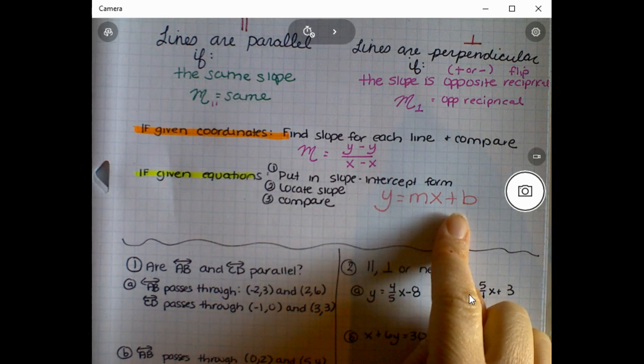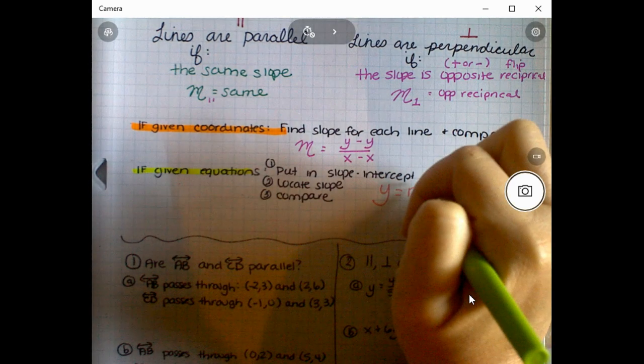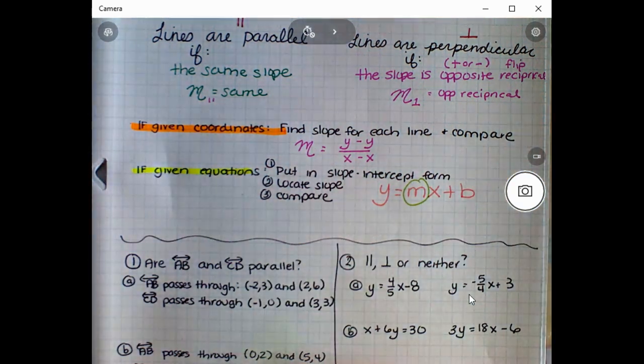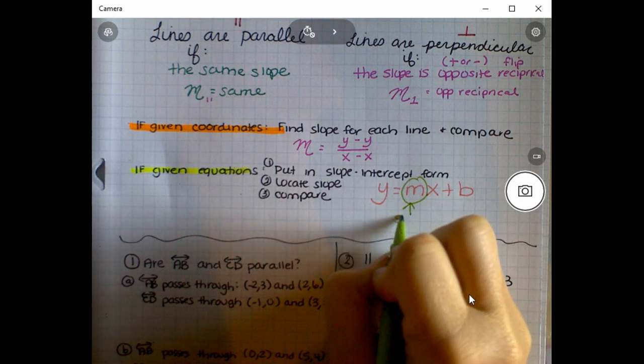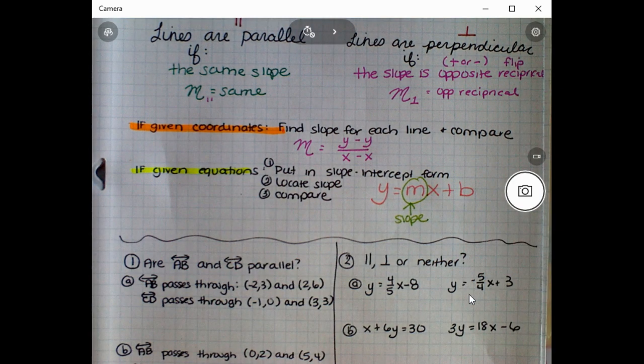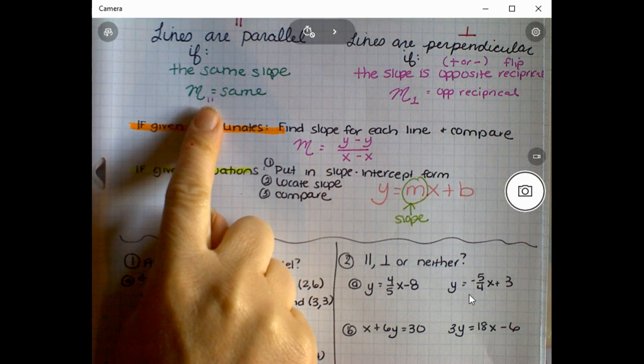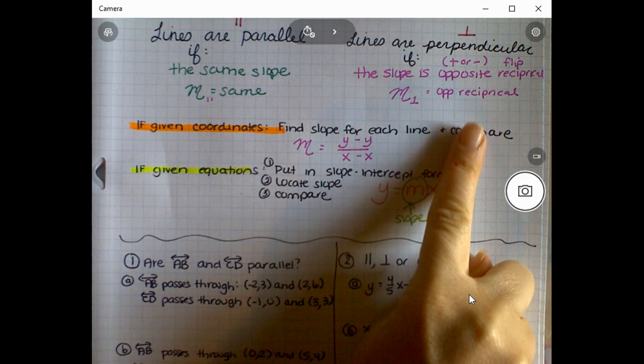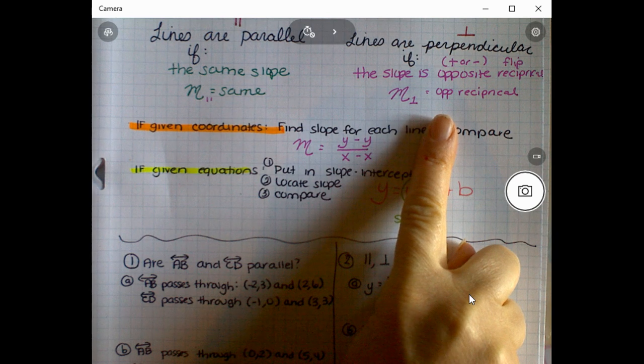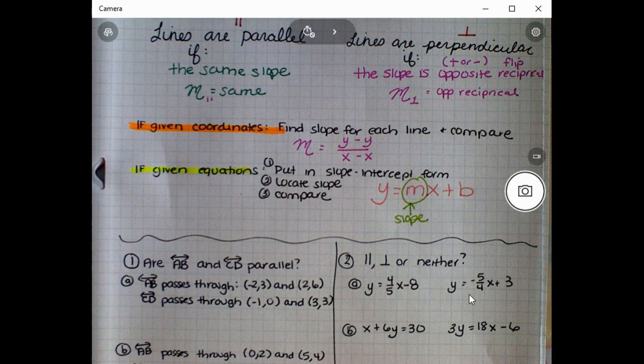After you do that for both equations, you're going to locate the slope. The slope is in front of the x. This is the slope. So you'll pull those slopes out and compare. If the slopes are the same, it's parallel. If they are opposite reciprocals, it's perpendicular. If they are neither, it is neither parallel nor perpendicular.